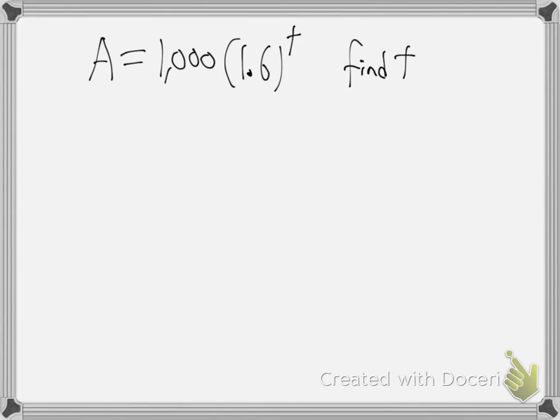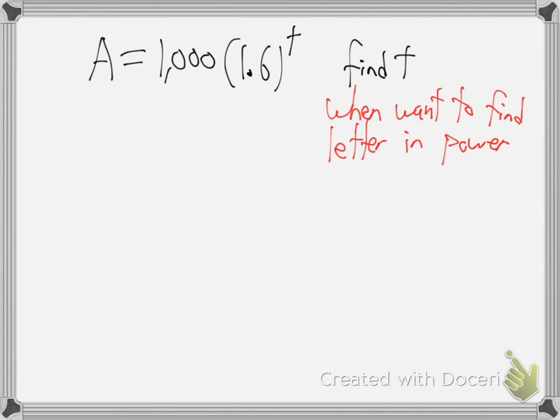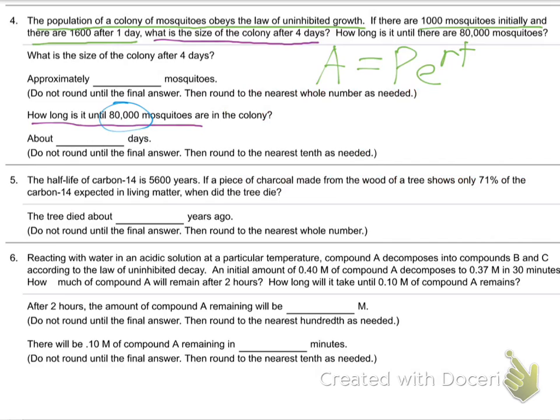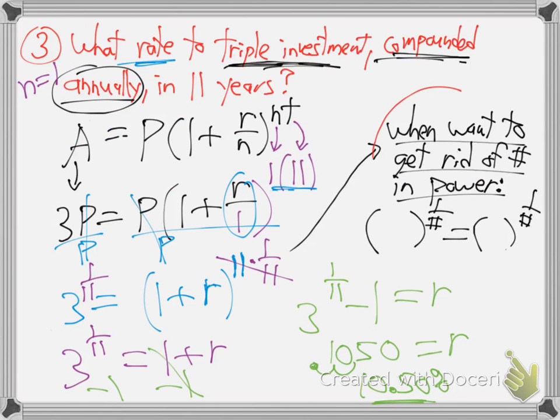How do I find T? Well, when you want to find a letter in a power, now that's different than a number, right? Back over here earlier, we wanted to get rid of a number in a power, so we did 1 over number.